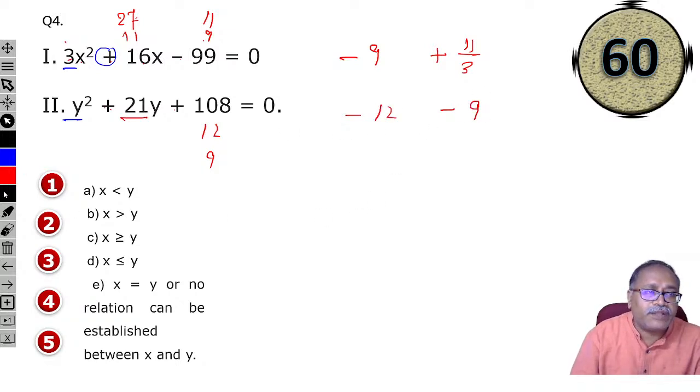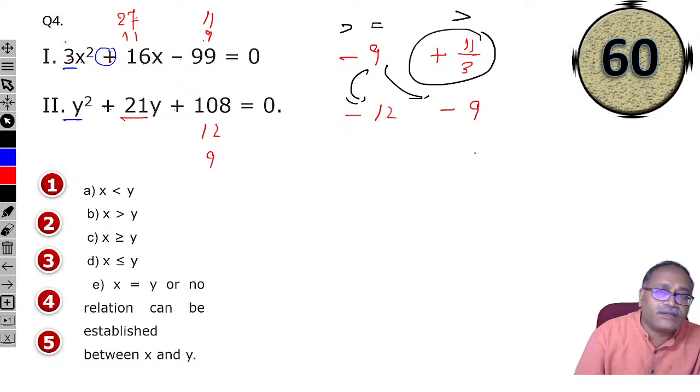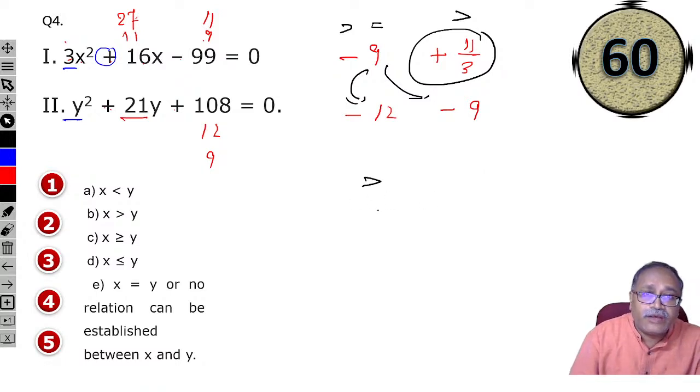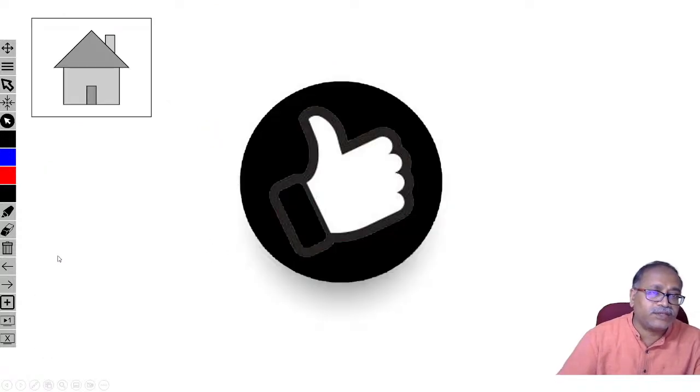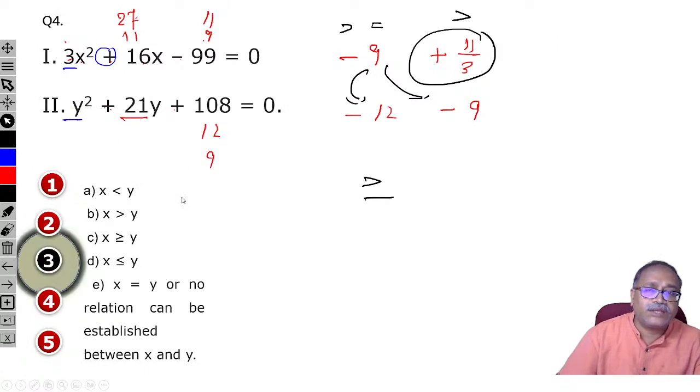Now when I compare with the first one, here to here, this is greater, and here to here this is equal to, and as it is positive, it is greater than both the negative numbers. So I am getting here x is greater than or equal to. Okay, option C. Let's check that. That's right. Your answer is C.